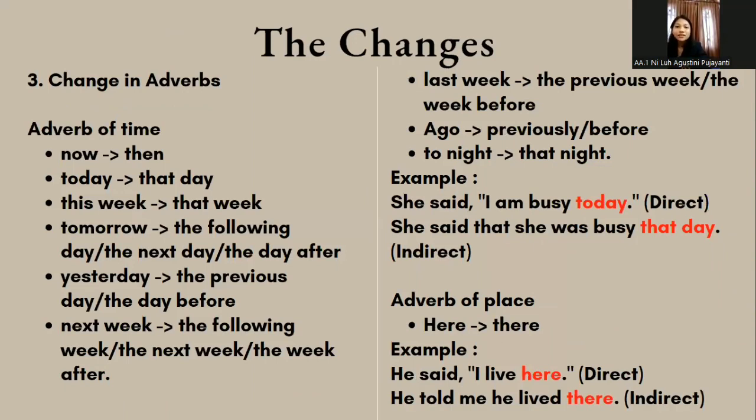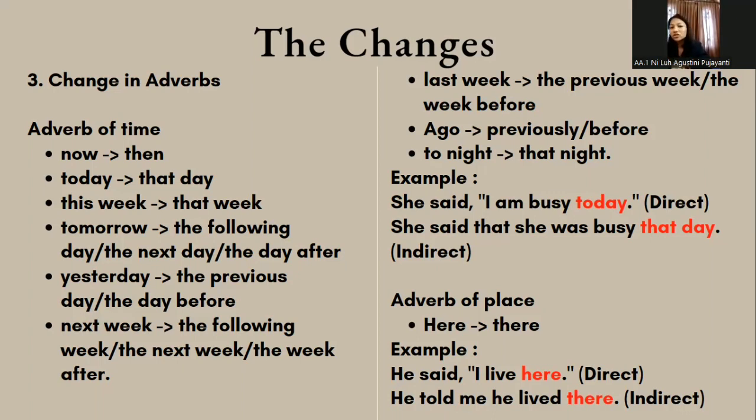And then change in adverbs. In adverbs, there are two: adverb of time and adverb of place. The first is adverb of time. The following are the adverbs of time changing from direct to indirect speech. Like now changes into then, today changes into that day, this week changes into that week, tomorrow changes into the following day, the next day, the day after.